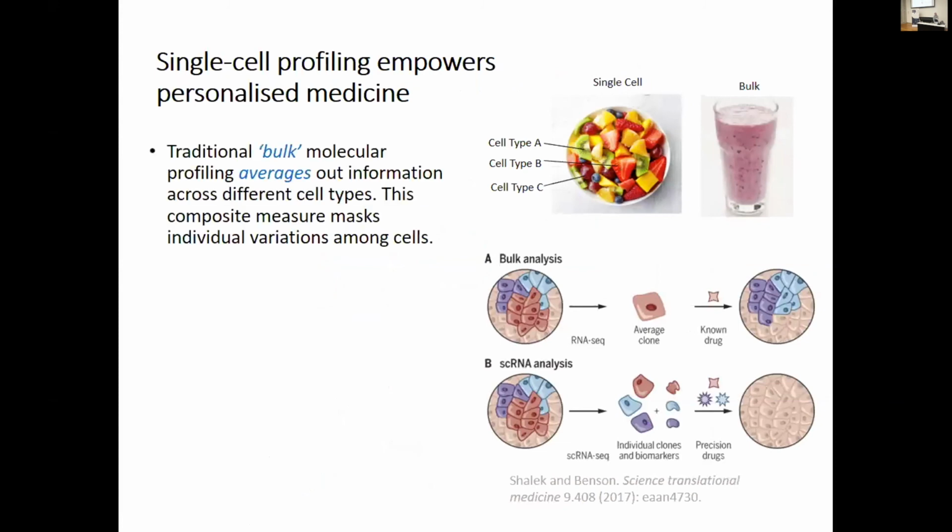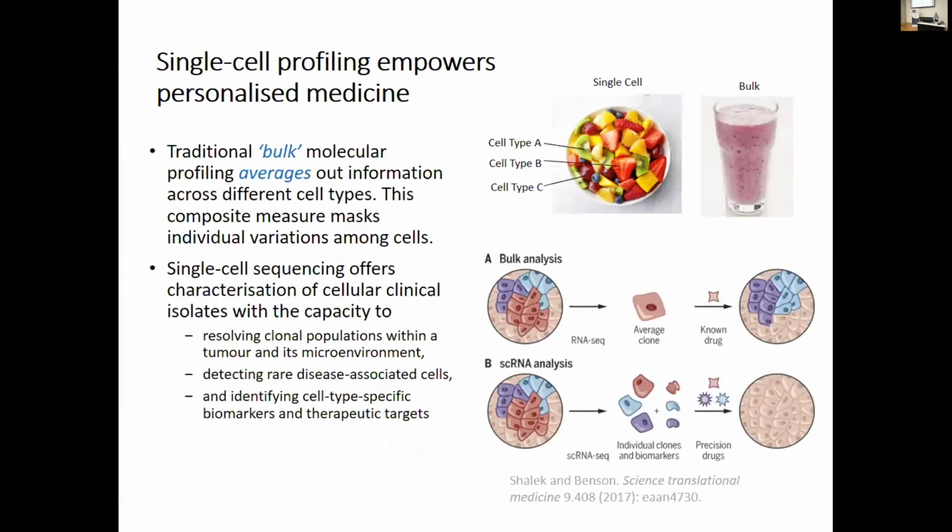I would like to show how important it is to have single cell sequencing. Let's assume this is a tumor, and we have different subclonal parts of the tumor. They are different cell types. If we go with bulk sequencing, we get the average colon, represented by red. We identify a biomarker and the treatment, and we resolve that.